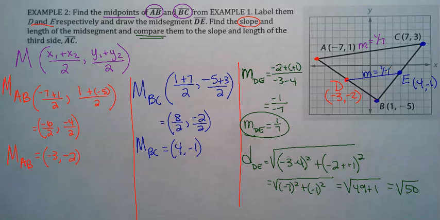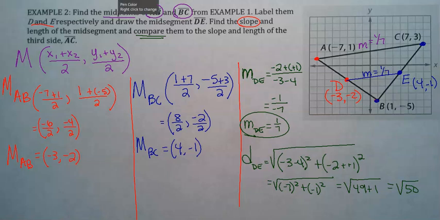What's that tell you? Good. It tells you that they're parallel. They have the same slope. Excellent.